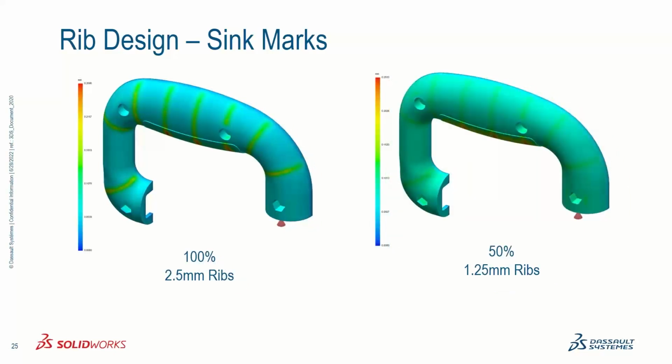Now, probably the best design would be to use something like 50%, where the base of the rib is 50% thickness of the nominal wall. So in this case, you can see that the sink marks have virtually disappeared. They're no longer going to be a problem.